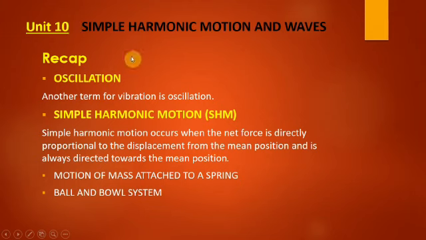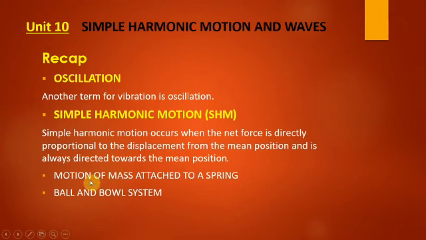Students, before going ahead, let's have a recap first. In the previous lecture we discussed oscillation, which was the other term for vibration. Then we discussed simple harmonic motion: when a force is directly proportional to the displacement, and the direction of force is towards mean position, and the body is vibrating, it means it's executing simple harmonic motion.